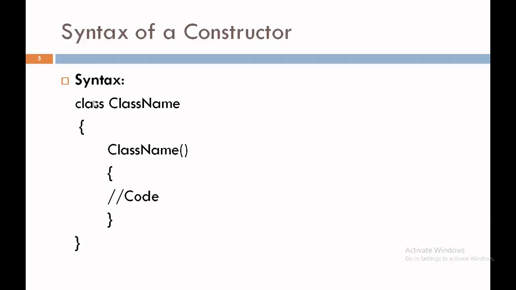Then after we have to create a method that is nothing but a constructor, and the method name has the same name as the class name. So this is the constructor with the specified code, with the specified task. And the rules of a constructor are that it does not have any return type and the constructor name is the same as the class name. So this is the syntax for creating a constructor in Java.